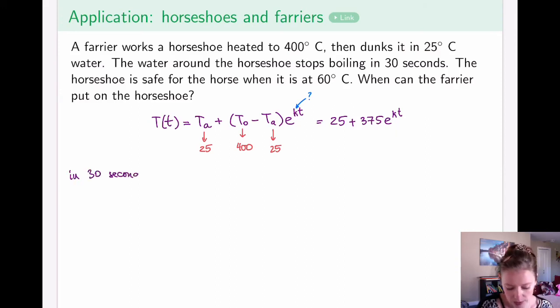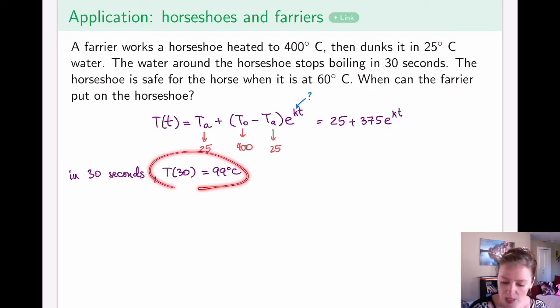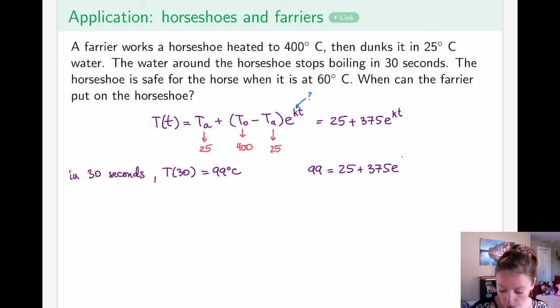In 30 seconds, the temperature is 99 degrees Celsius. Now, instead of writing it this way, we're going to write it inside our model. So the temperature is 99 degrees at the time of 30 seconds.